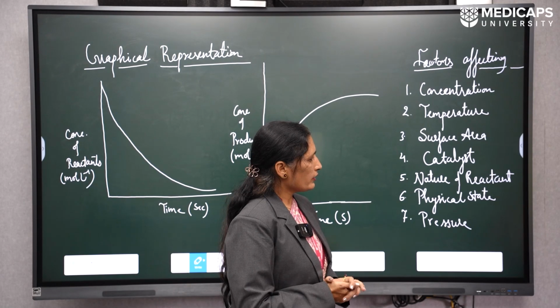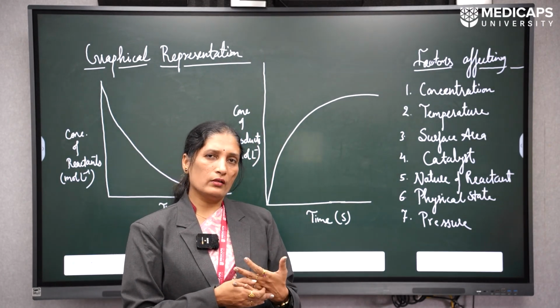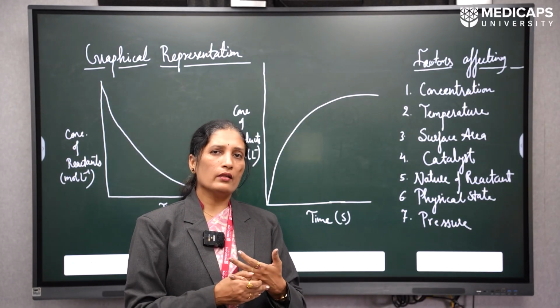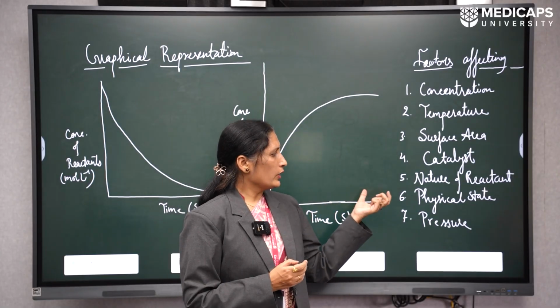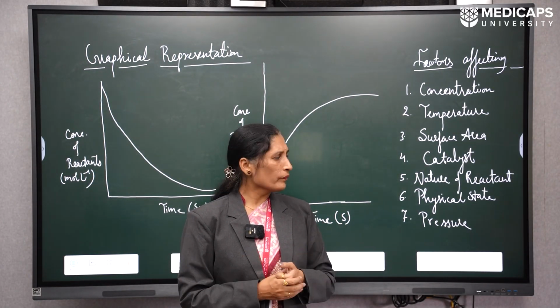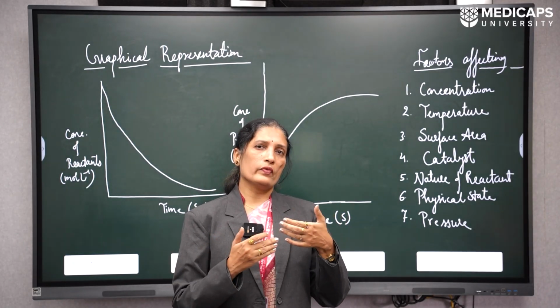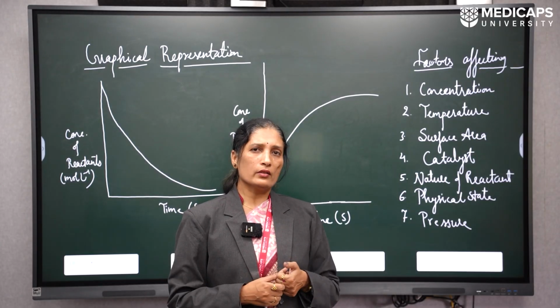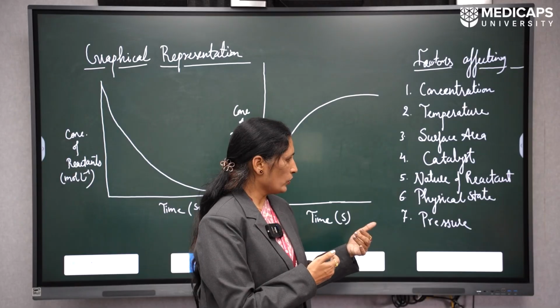Now, the fifth factor is the nature of reactant. Nature of reactant means it depends on whether the reactants are solid, liquid or gaseous. In the case of gases, the reaction rate is faster because gaseous molecules can move fast. So, as compared to solids, liquids and gases, the reaction rate is faster for gas molecules, slower for liquid molecules and slowest for solid molecules.